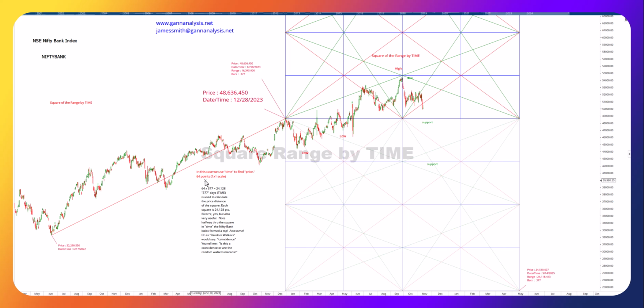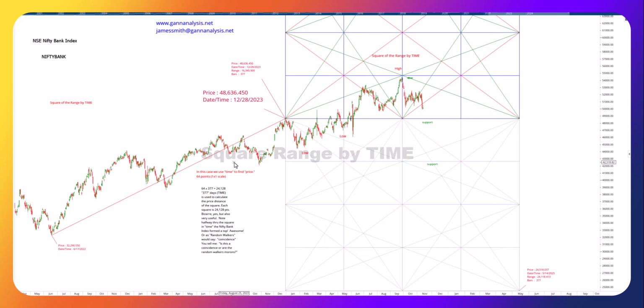What I want to draw your attention to is how we create it. 64 is not trading days. 64 is the scale of the 1 by 1 times the number of trading days, 377. Here it says bars. That's trading days. So from this low to this high is 377 trading days.